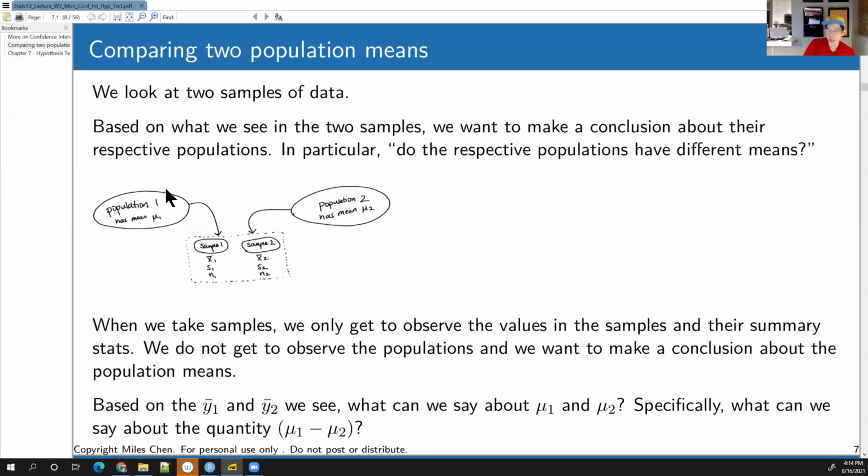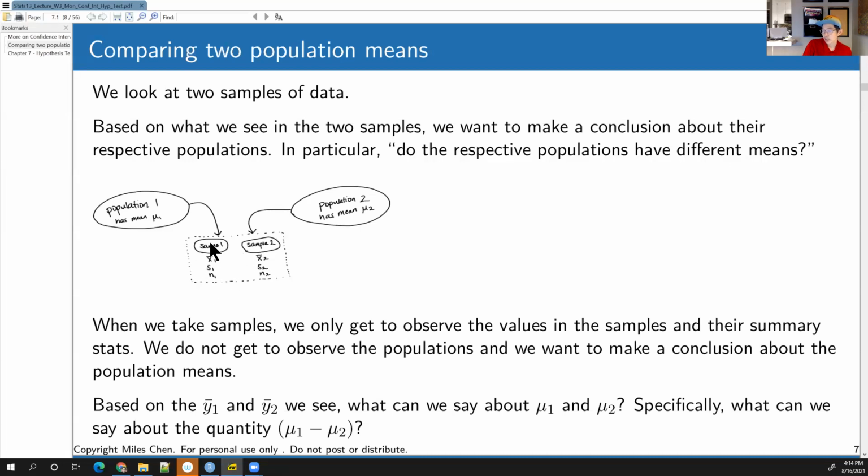You have the entire population, and it's too big to observe the entire population of California, and population two being Texas, also too big to observe. But what we're going to do is take a random sample from population one and a random sample from population two, sample one and sample two.